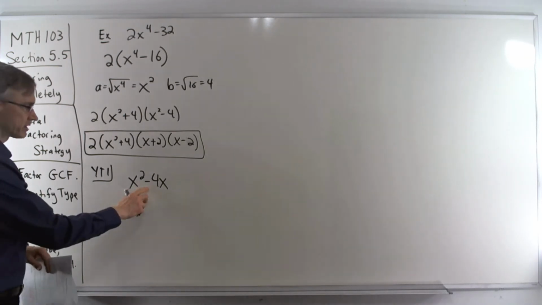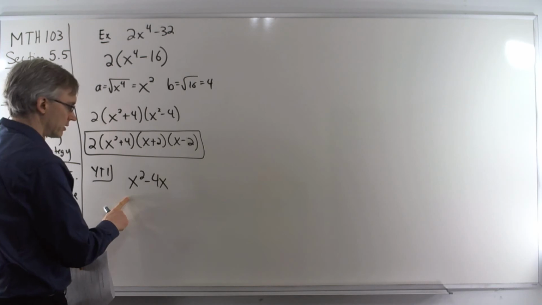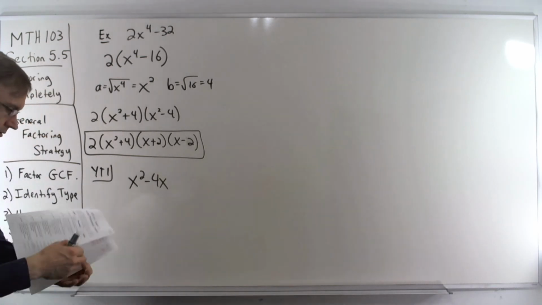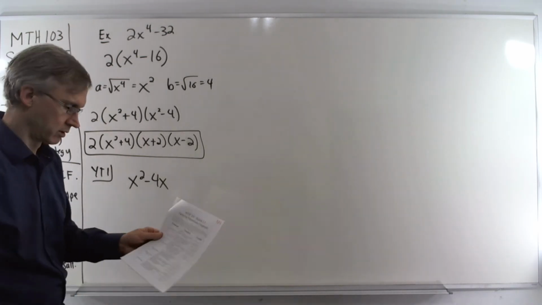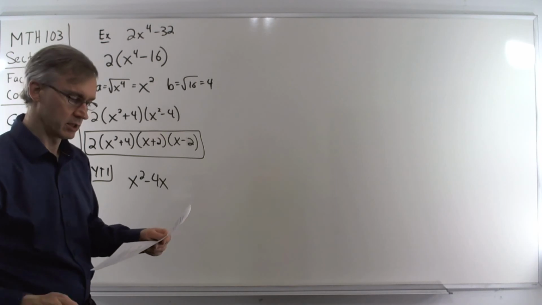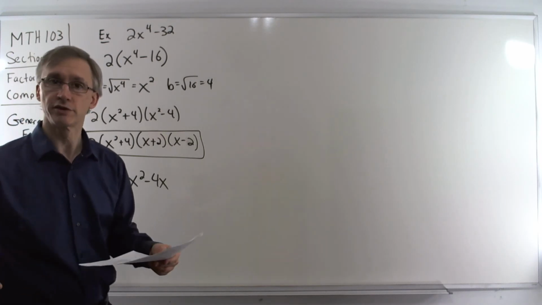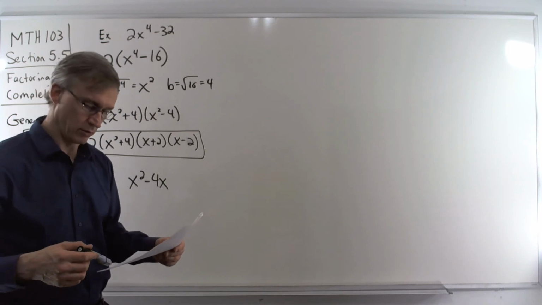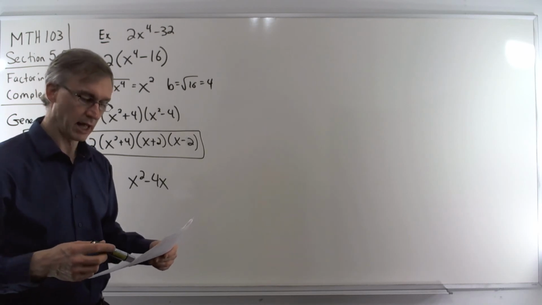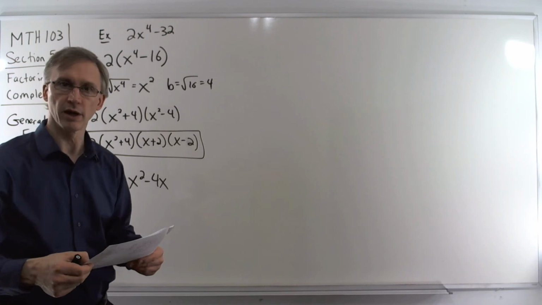So we have a difference here. We got a 2-term polynomial. So if you look at this first page, a lot of the categorization we can do by the number of terms. The only one here that has 2 terms is difference of squares.